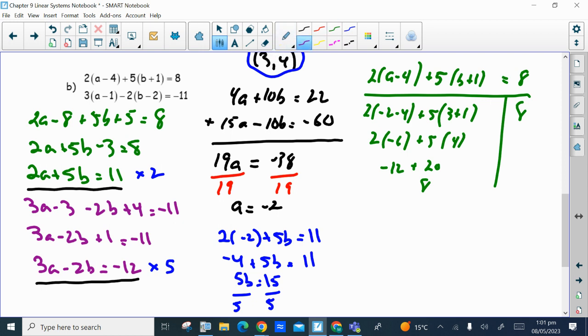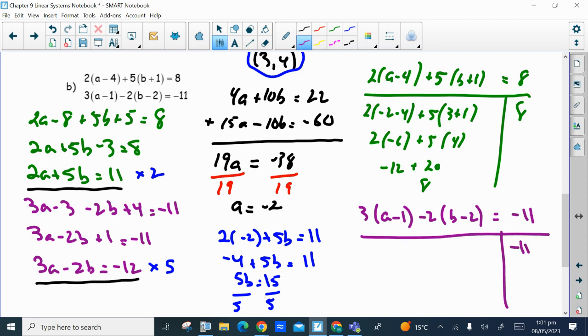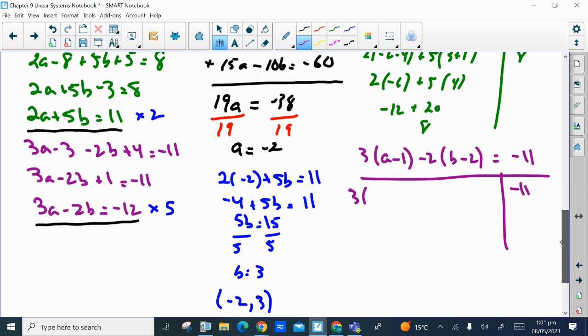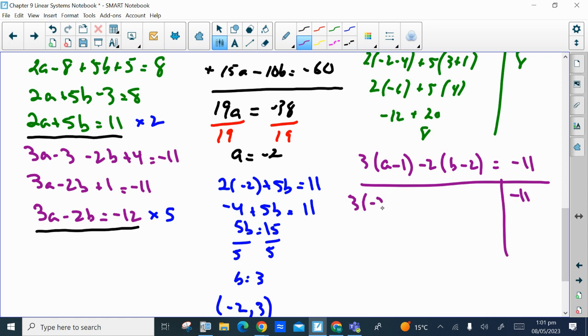And now we need to check for equation 2 as well. So again, a is negative 2.